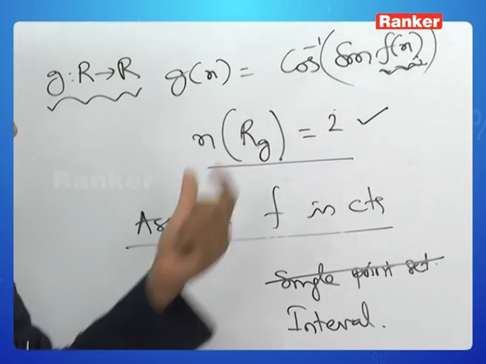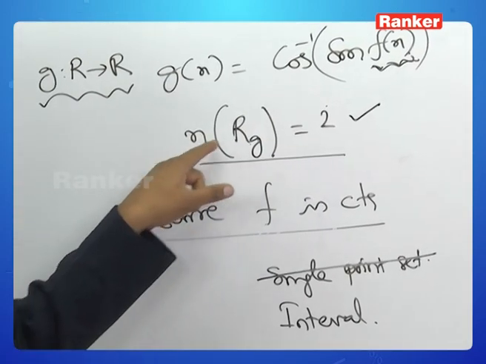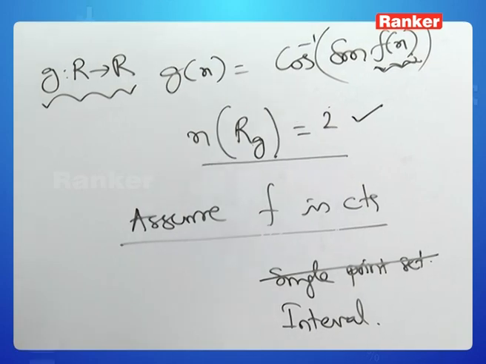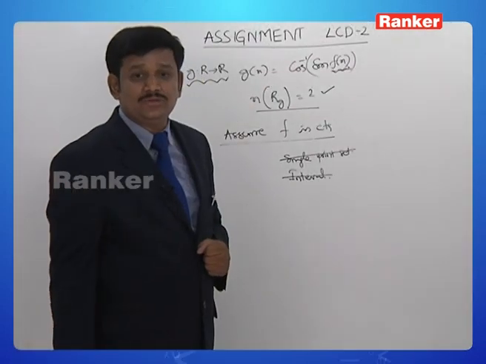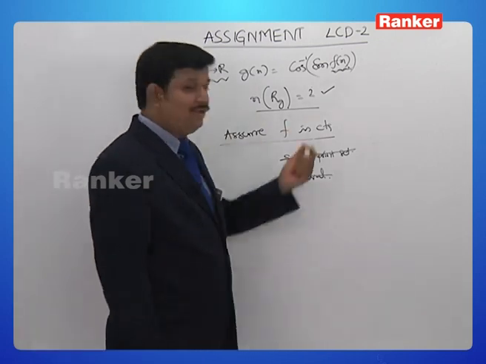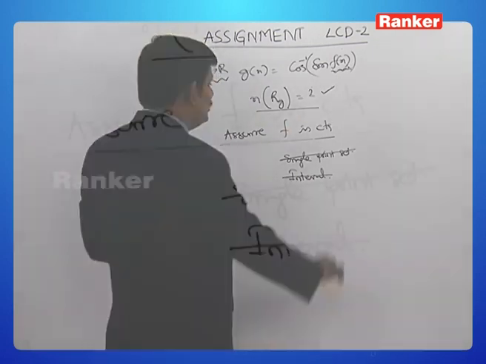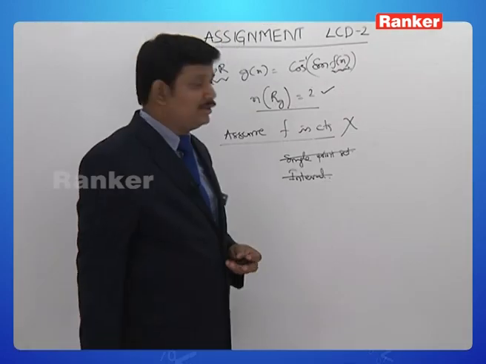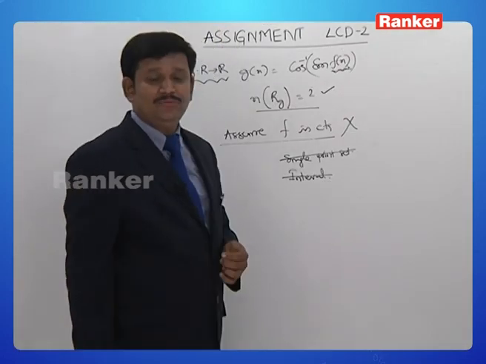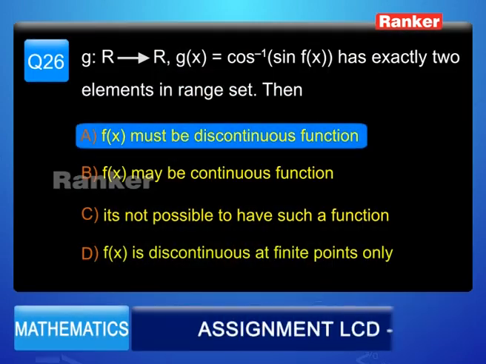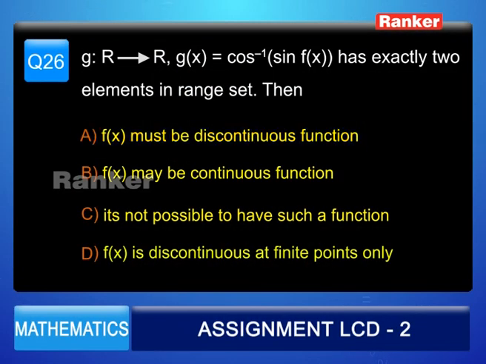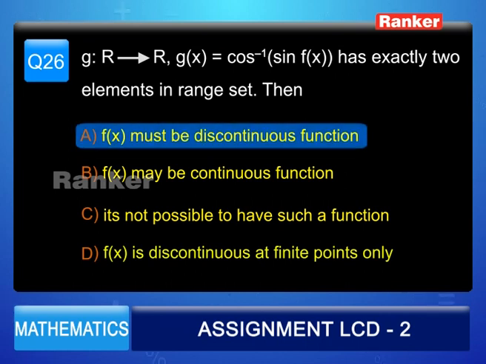So, it cannot give me a range of cardinality 2. So, f of x cannot be a continuous function. Our assumption that f of x is a continuous function is wrong. So, by contradiction, f of x has to be a discontinuous function, and discontinuous not just at finite points, but at infinitely many points. So, it is answer A.